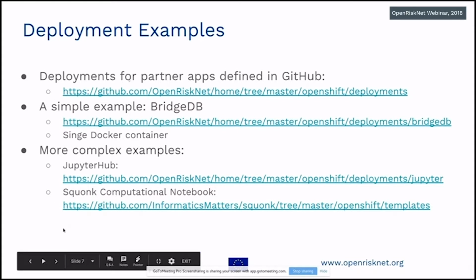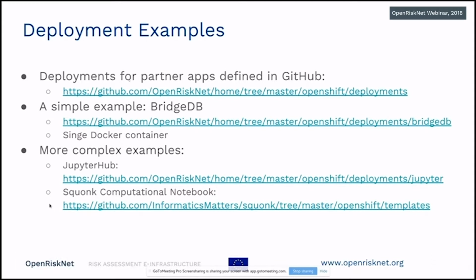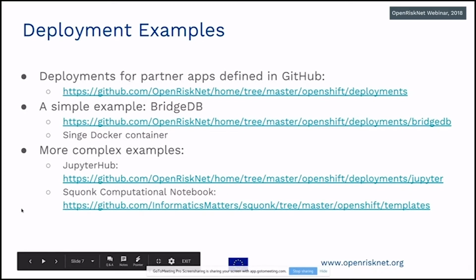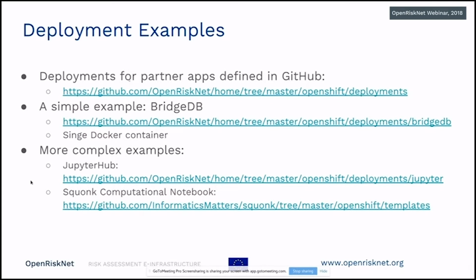Both of these have multiple components that have to be deployed, and so the deployment is more complex because there are multiple components that have to be linked together, etc., etc. But all the information is there in the GitHub repository, and we're here to help any associated partners in getting through this, getting over the learning curve, and getting up to speed.